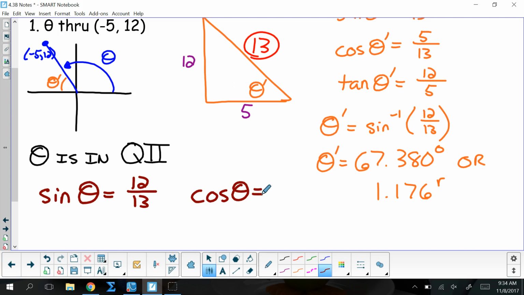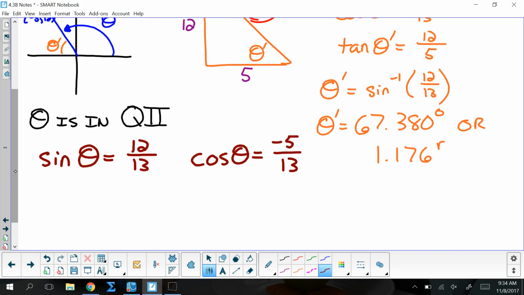Negative, so it's going to be negative 5/13. The tangent of theta has to be what? Negative, so it's going to be negative 12/5.